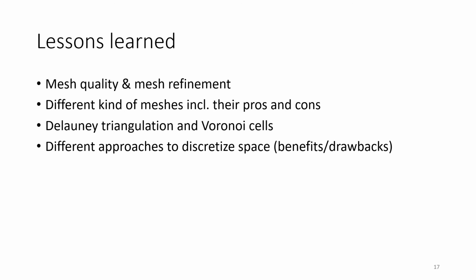And I want you to know the terms finite differences, finite elements, finite volumes, and know what the benefits are, what the drawbacks are, and how to use them. And especially just simply know the term, so that when someone says, well, I did a finite element simulation, you know what he or she means when they say this kind of term.